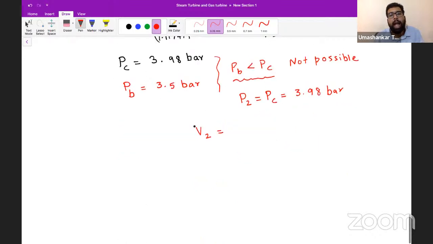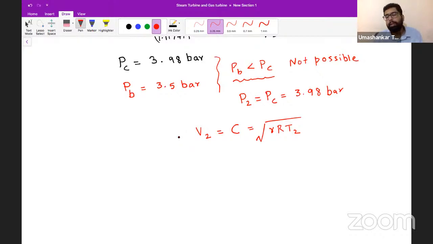I know my back pressure is equal to the critical pressure, so my exit velocity will be equal to the velocity of sound. This is what we have seen: when the exit pressure is equal to the critical pressure, our velocity at the exit is nothing but the velocity of sound. Is that true or not?